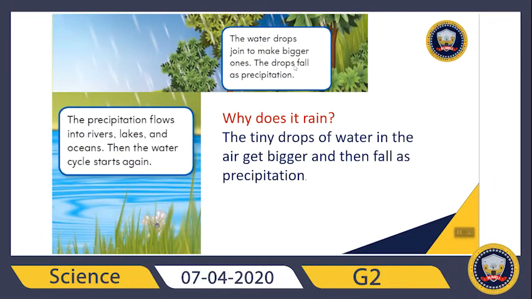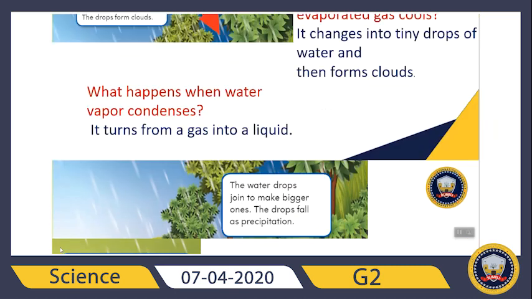Okay, after forming clouds, let's see. The water drops join to make bigger ones. The drops fall as precipitation. The precipitation flows into rivers, lakes and oceans. Then the water cycle starts again. See this picture?